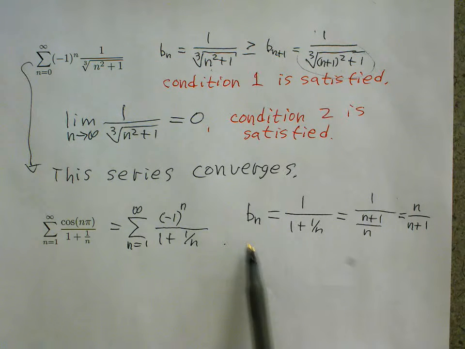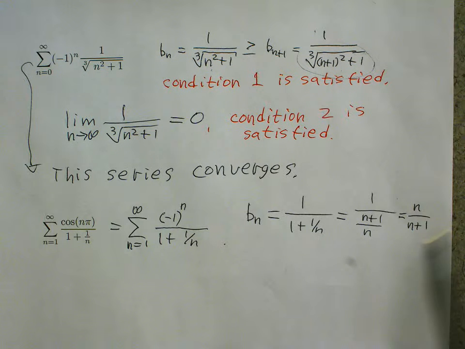So as n increases, do these numbers n over n plus 1 decrease? They don't. So n over n plus 1 approaches 1, but it's increasing to 1.